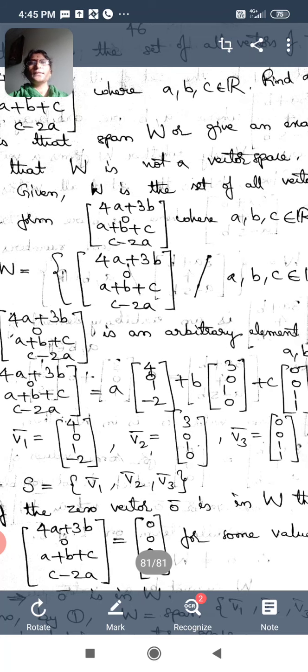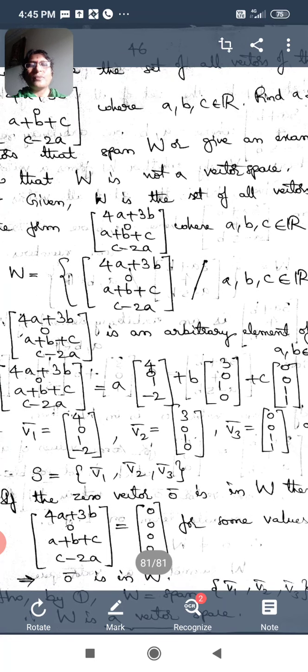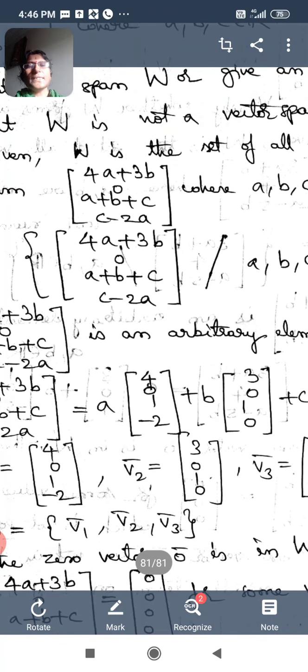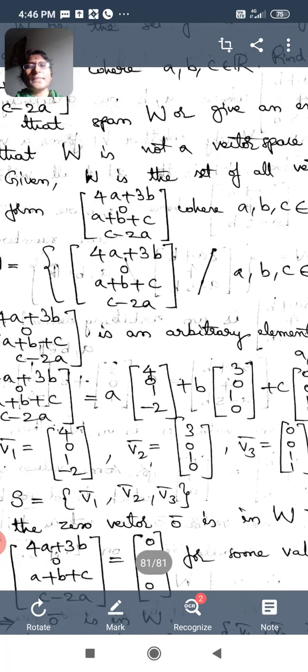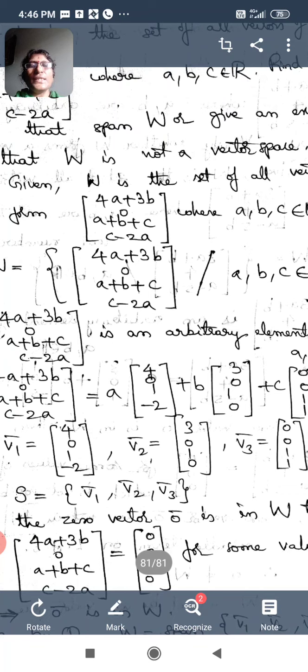By the method that I have explained in the earlier problems, adopt that method again and take a, b, c as common scalar multiples to get some column vectors of order 4 by 1 beside them. When we take a common, we get (4, 0, 1, −2) as the column vector multiplied to it.